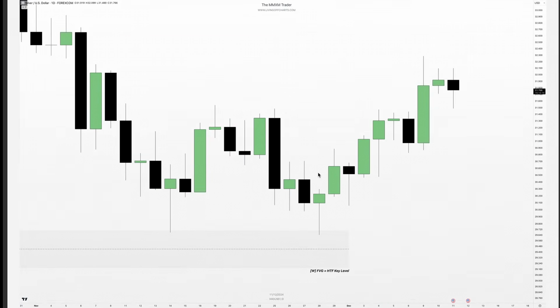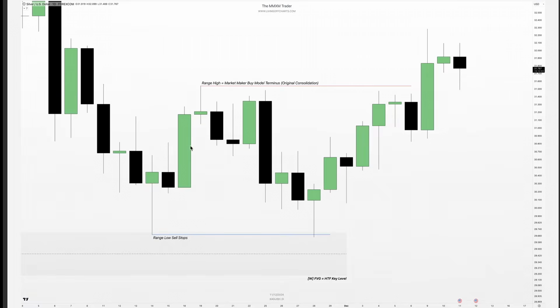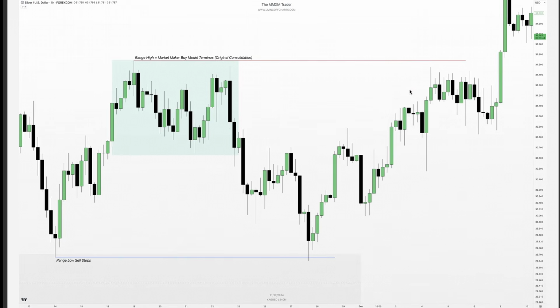And on a lower time frame, you want a range, and that range is your market maker buy model. So as you can see, this low clearly connects to this high. This is your range low to range high. This is a market maker buy model. This is the sell side of the curve, and this is the buy side of the curve.